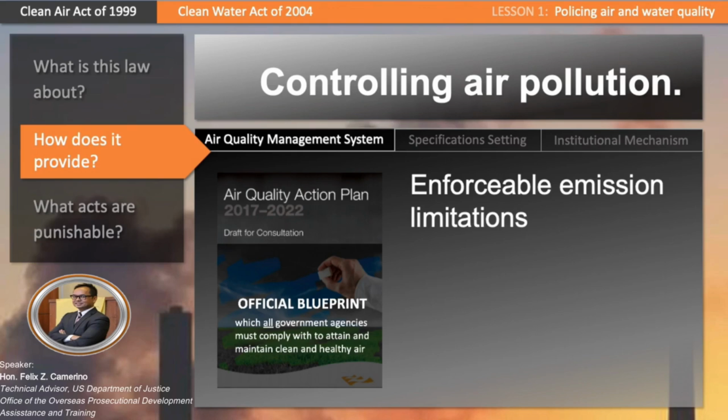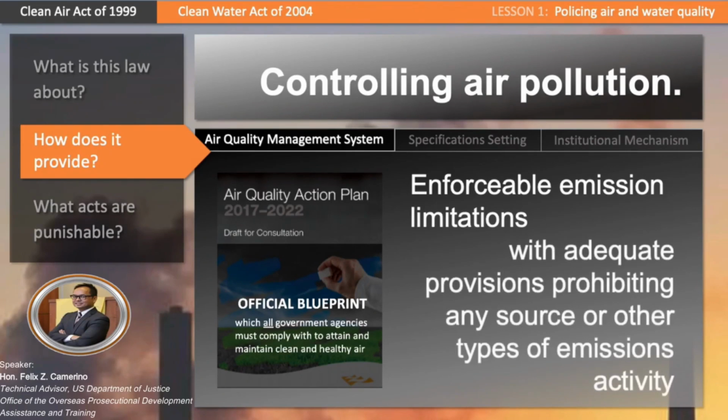Okay, so this action plan creates those limits and provides for their enforcement. And the enforcement that it provides is actually based on adequate provisions that prohibit particular sources of these emissions, as well as types of emission activities.